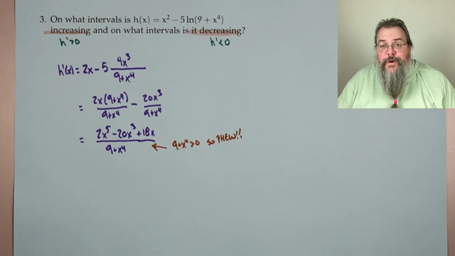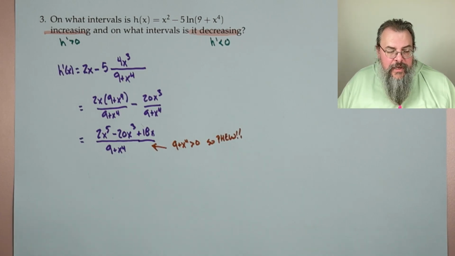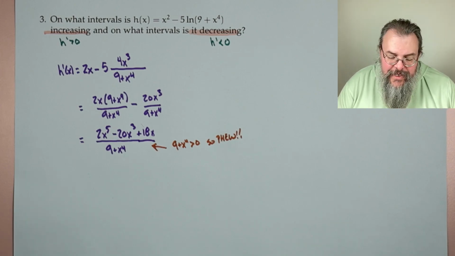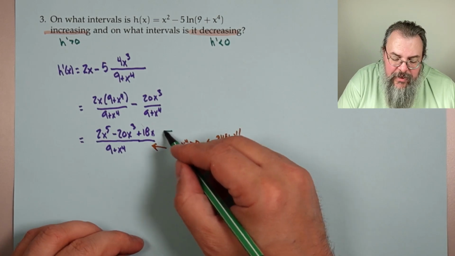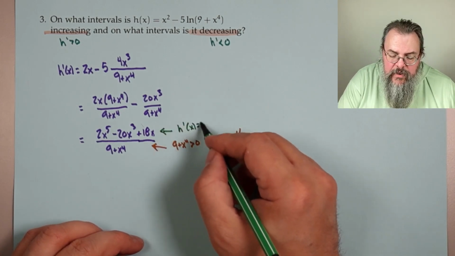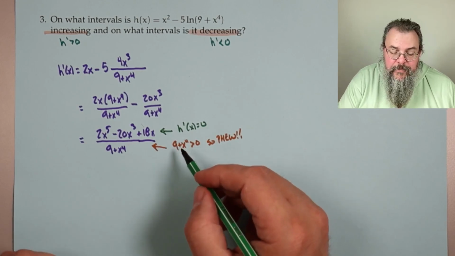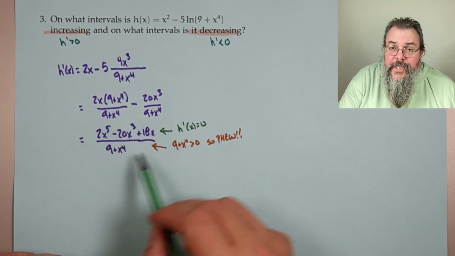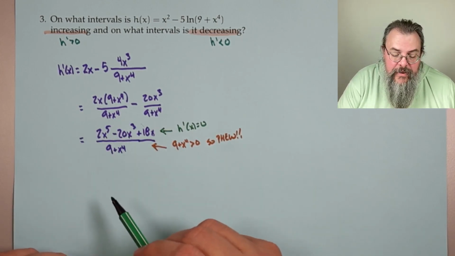So, what's the other thing for us to look for? Well, the other thing for us to look for is what's upstairs. So now we're going to say we want h prime of x equals 0, which means that the numerator equals 0. So we're going to focus our energy here for a few minutes. Now, let's see.